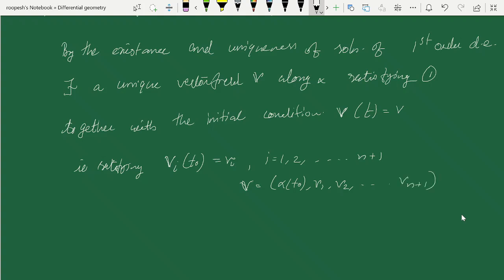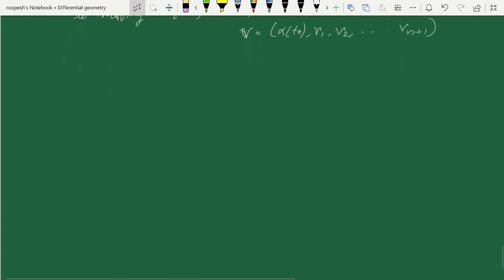So these two. Next we prove that V is tangent to S. So we have got such a vector field over here.